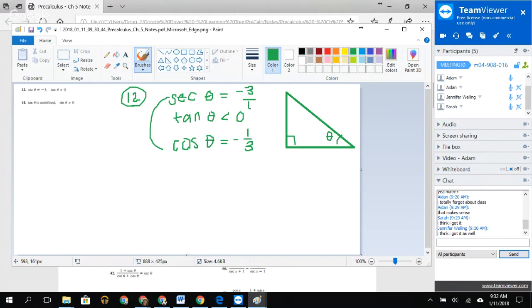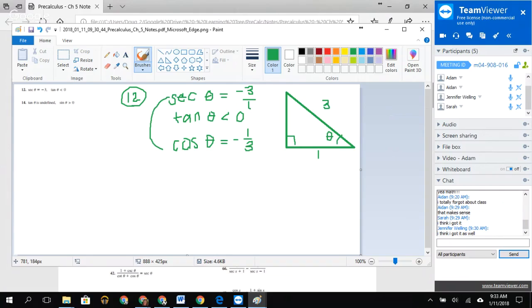We have 4 to go, right? If I wanted to show this on my triangle, I know that the hypotenuse is 3 and the adjacent side is 1. And I know that one of the 2 is negative. Now, the negative seems kind of weird when you put it onto a triangle, but remember the negative just represents the direction on the unit circle.